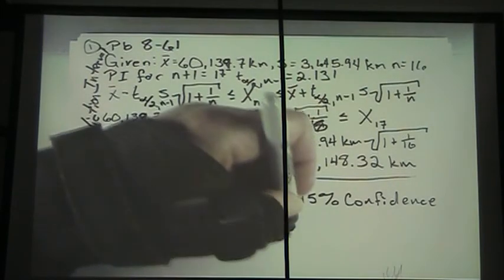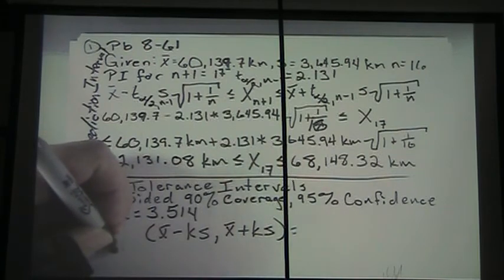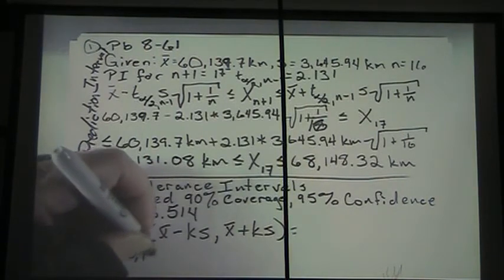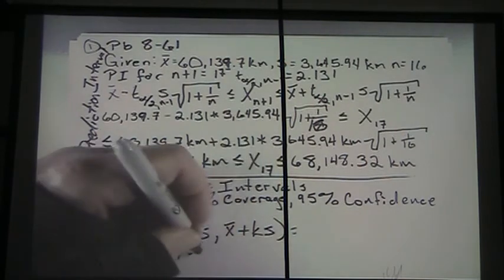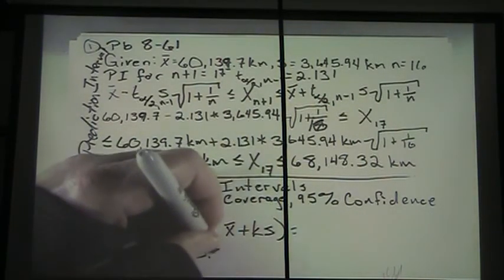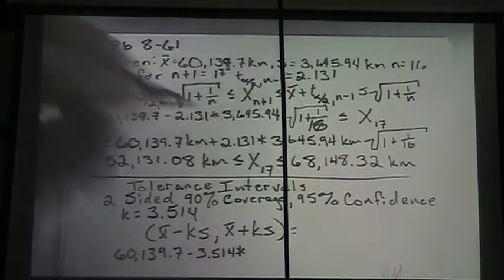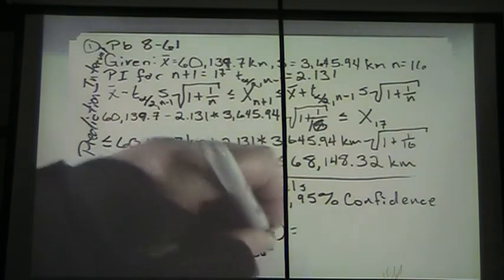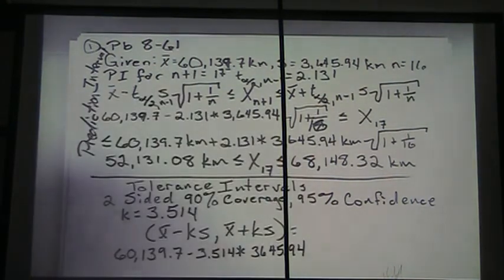So our lower end is going to be 60,139.7 minus 3.514 times 3,645.94.